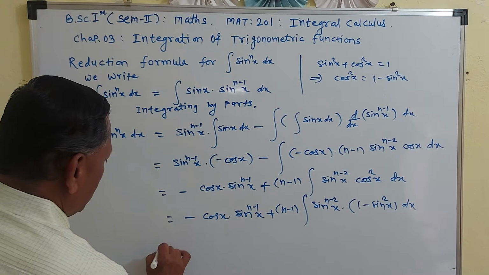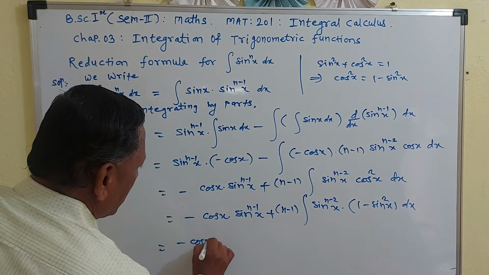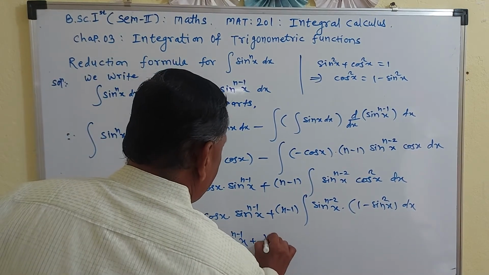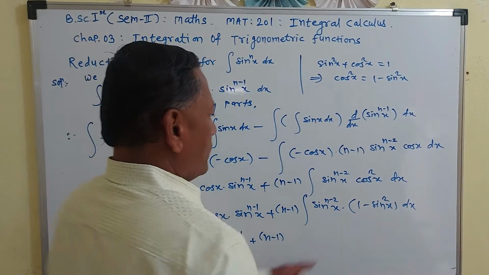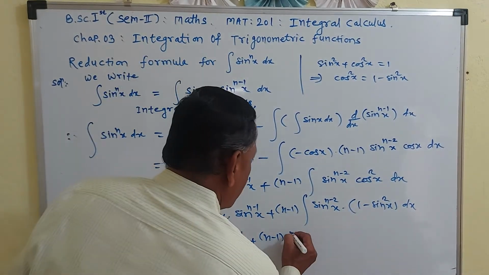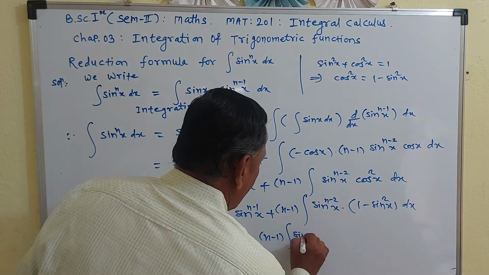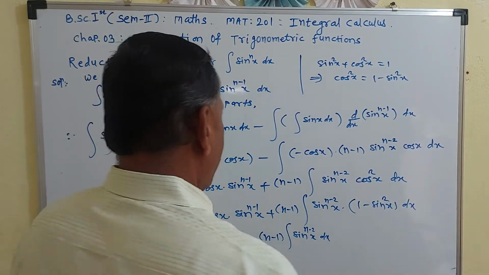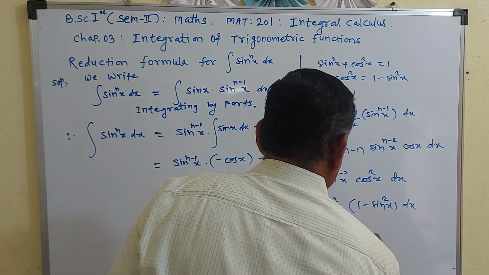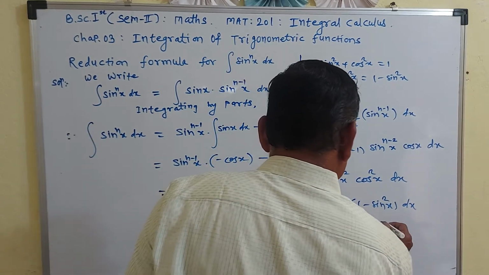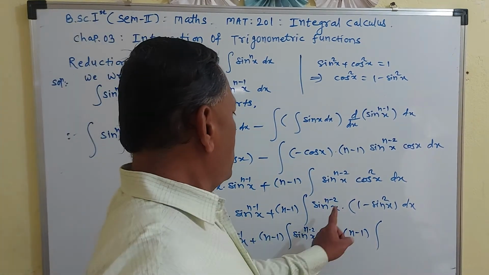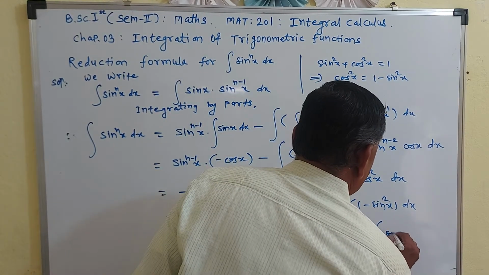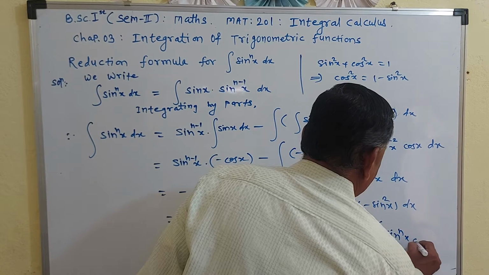Again, this can be written as minus cos x into sin raised to n minus 1 x plus n minus 1 into, so you simplify this, integration of sin raised to n minus 2 x dx, 1 into this, then minus n minus 1 into integration of sin raised to n minus 2 into sin square x, means sin raised to n x dx.